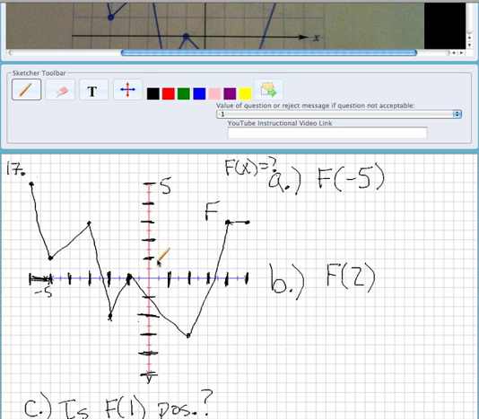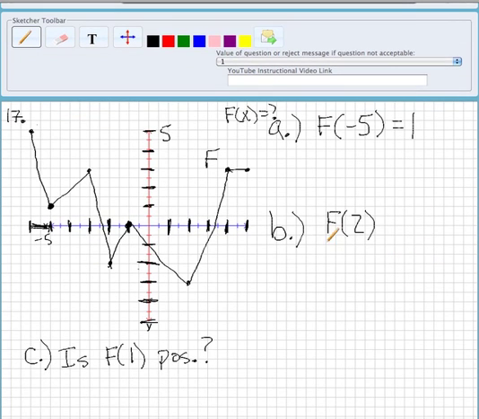That's saying if x is 1 or -1, our y value is going to be 0. So f of -1 equals 0. So at x equals -5 right here, what does y equal? What is this point right here? It's at +1. So that's our answer for part A, is +1.